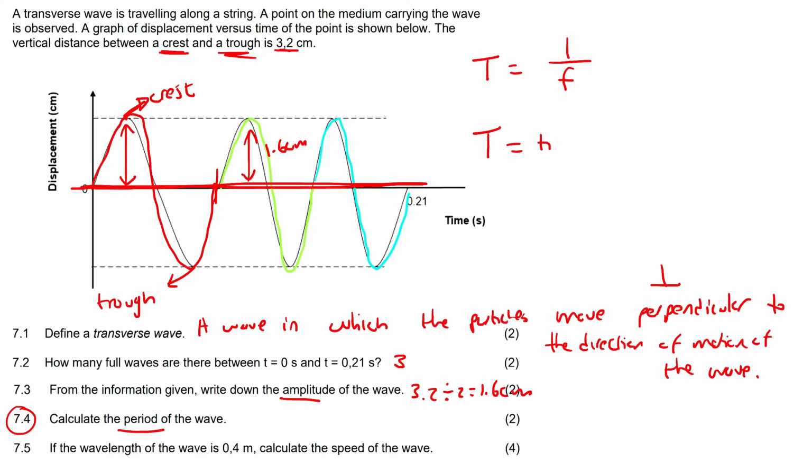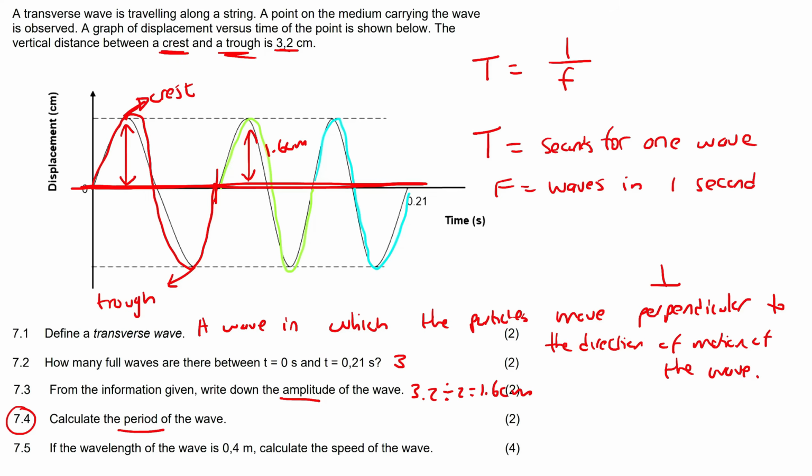It is the time for one wave, let's rather say seconds, whereas frequency is the waves in 1 second.